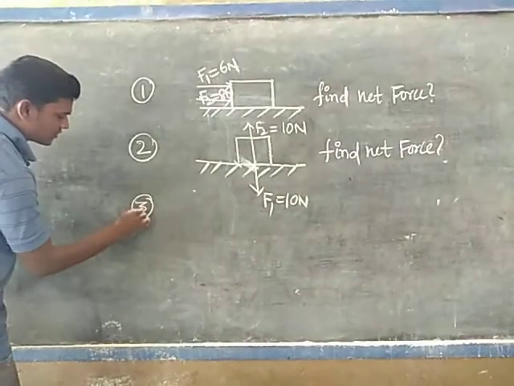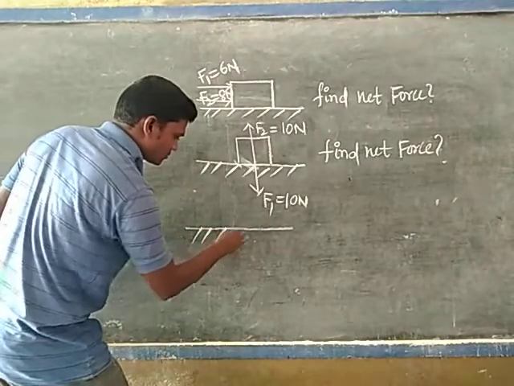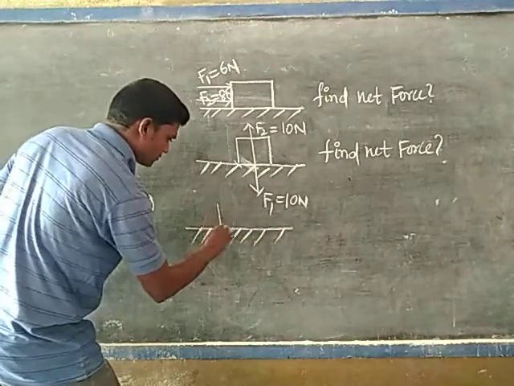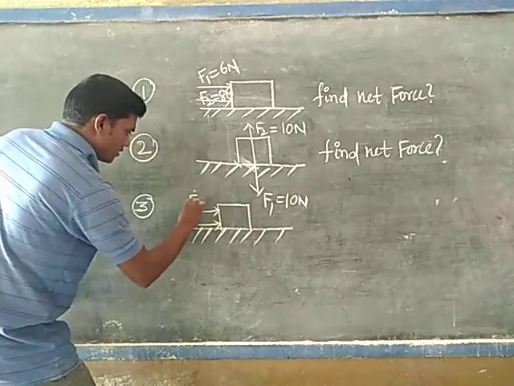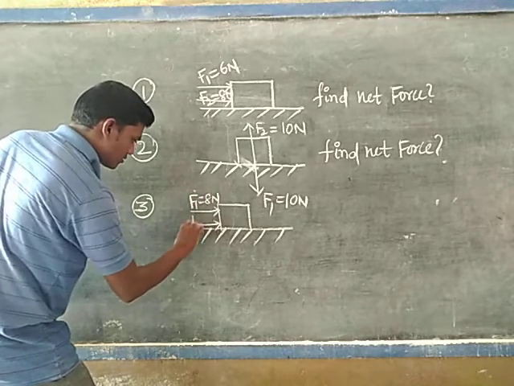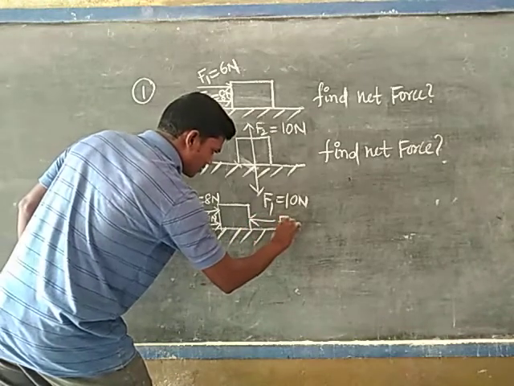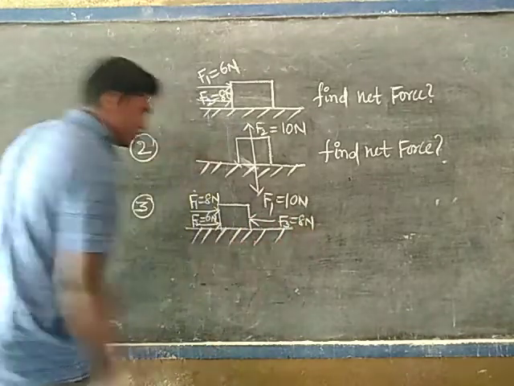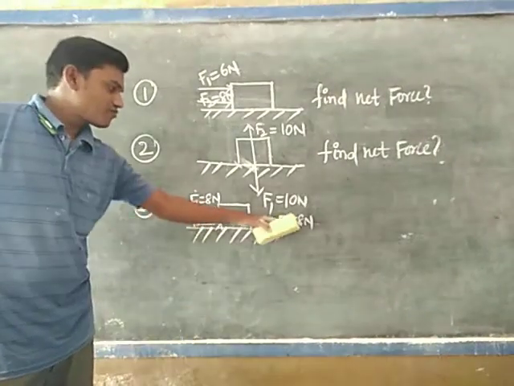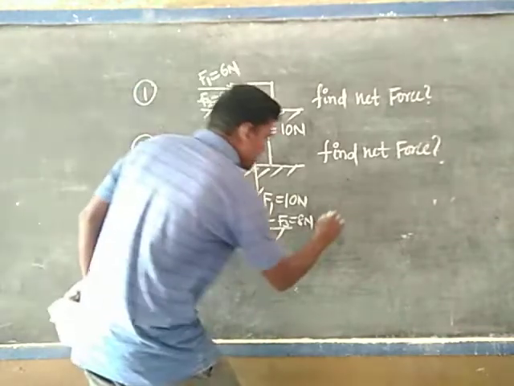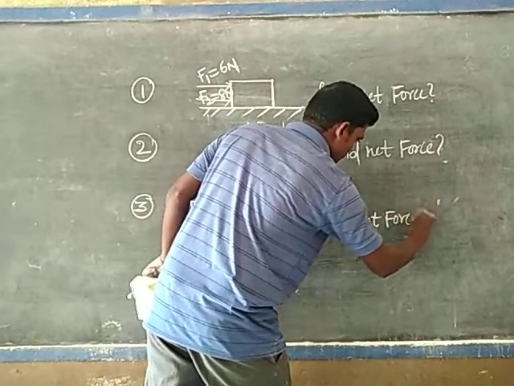Next, the third one. F1 and F2 are acting in one direction, F3 is acting in another direction. Here also, find the net force.